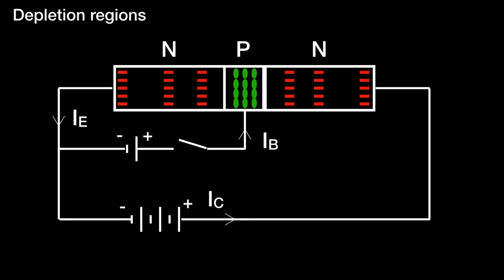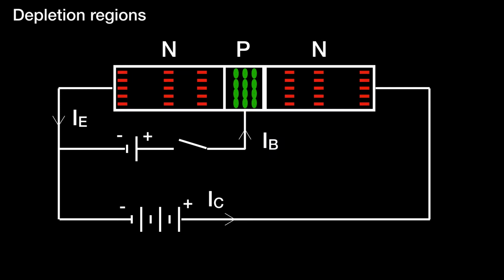The test circuit gave us a voltage across the emitter and collector, shown by the battery on the bottom, and a voltage between the base and the emitter, shown by the smaller battery just above it, and a switch to switch the voltage on the base on or off.